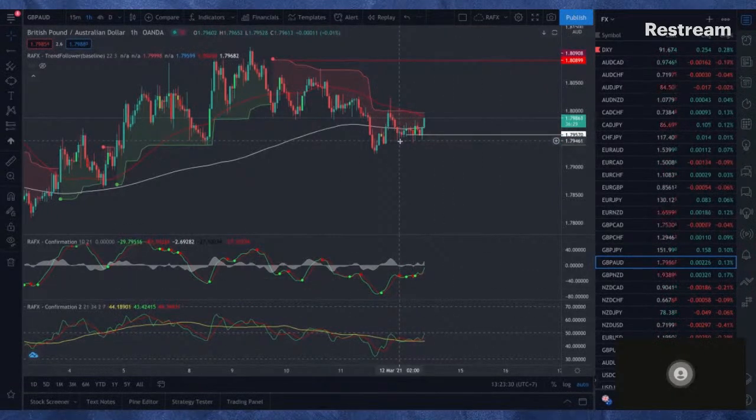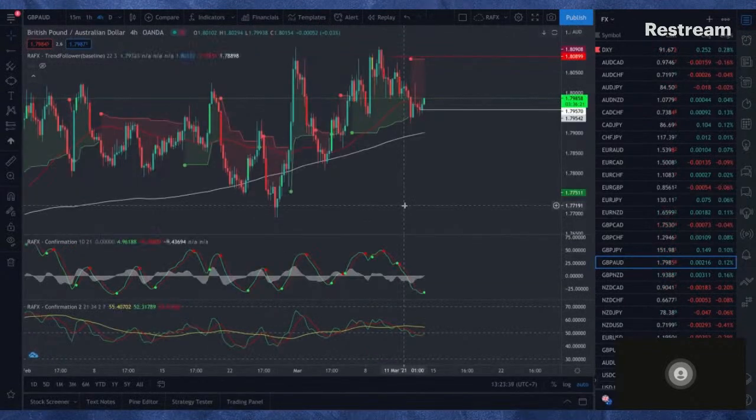So that's why I entered my position. And where did I put my stop loss? That is my sell stop. Just above it, that is my stop loss position.